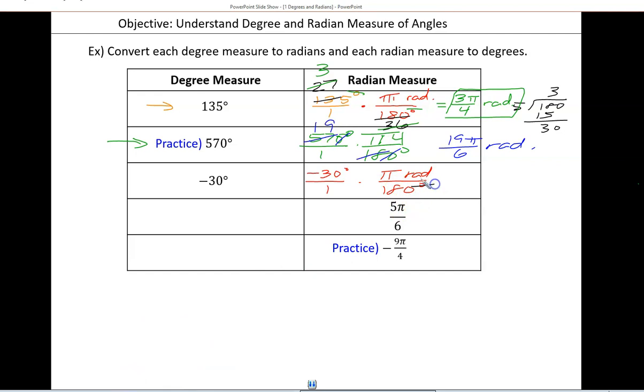Your degrees would cancel. And then they both end in 0, so that's a factor of 10, so that would go, and now you have 3 and 18. 3 is a factor of 18, so now you can reduce by 3. It gives you a -1 and a 6. So this becomes negative pi over 6 radians.